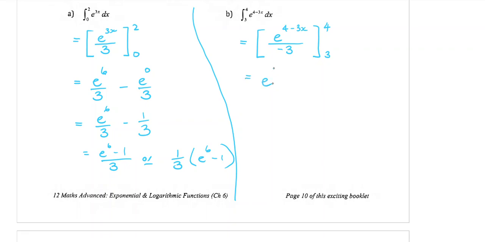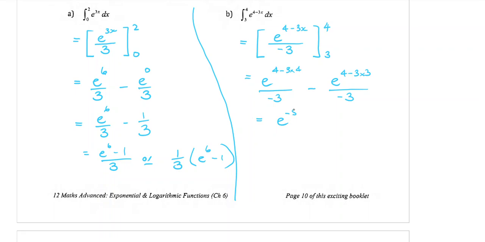E to the power of 4 minus 3 times 4, all over negative 3, minus e to the power of 4 minus 3 times 3, all over minus 3. 3 times 4 is 12. 4 minus 12 is negative 8.